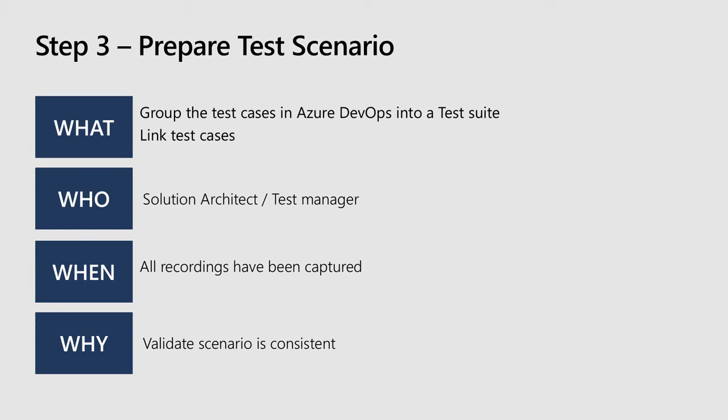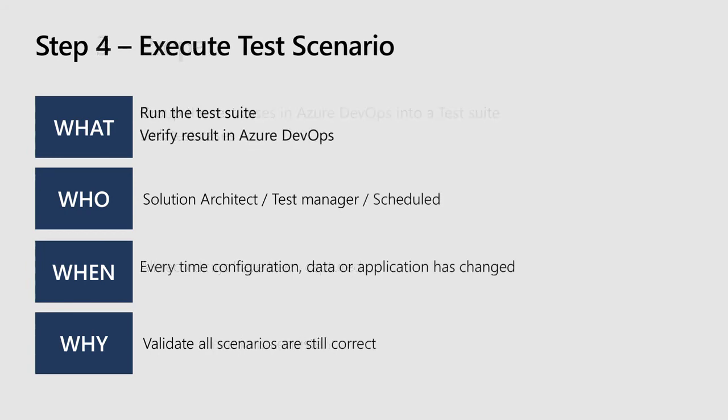And you can do a test scenario as soon as all of its recordings are finished. Then you need to validate that the scenario is consistent in terms of the chaining and that kind of thing, and the validation. Okay, so then you can execute. There's a subtle difference between preparing it and executing it.